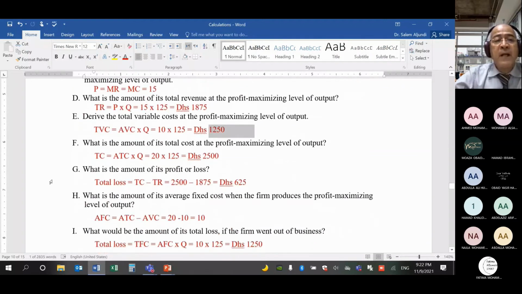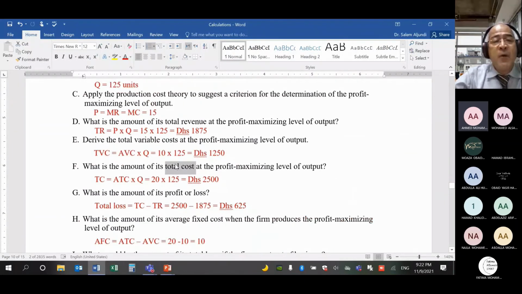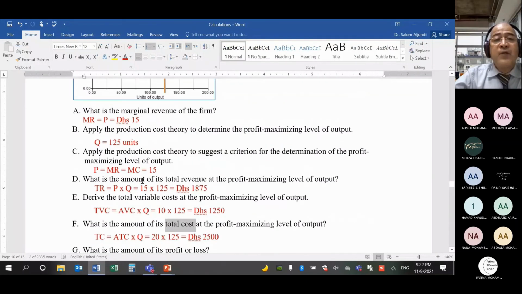Okay. Another question. What is the amount of its total cost at the profit maximizing level of output? In the same way, total cost equals average total cost times the quantity. What is average total cost?